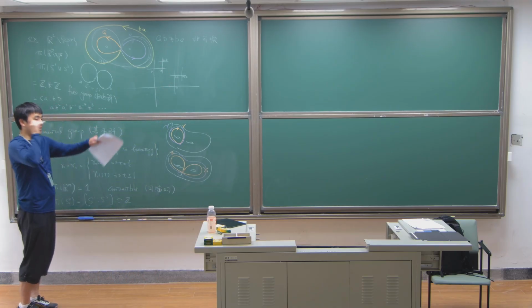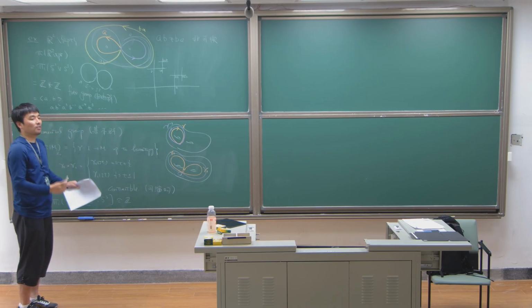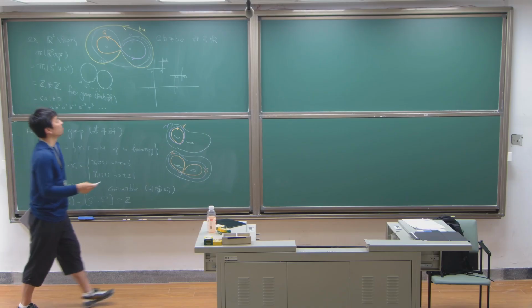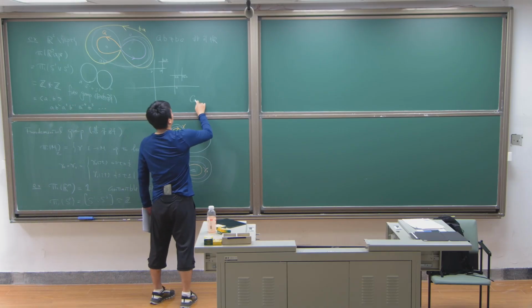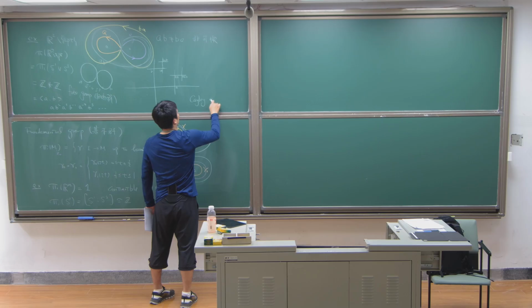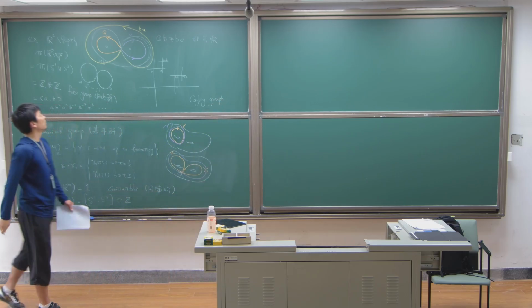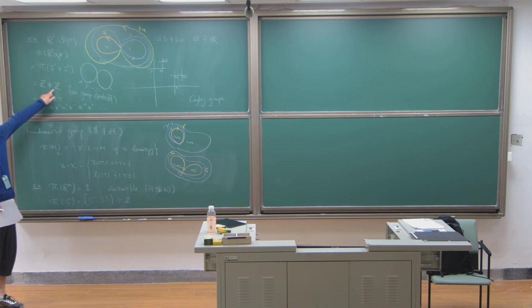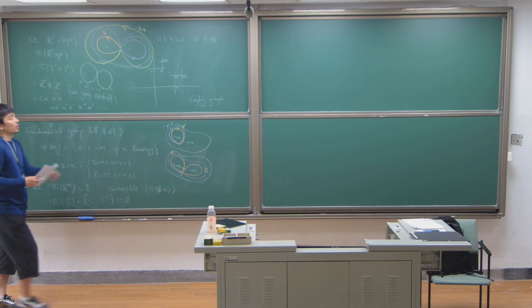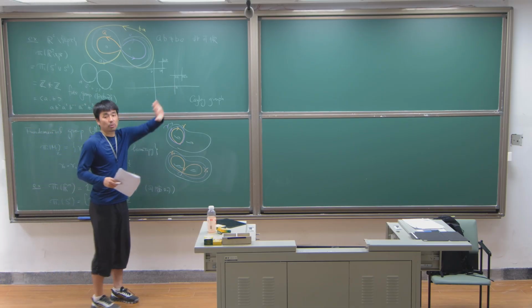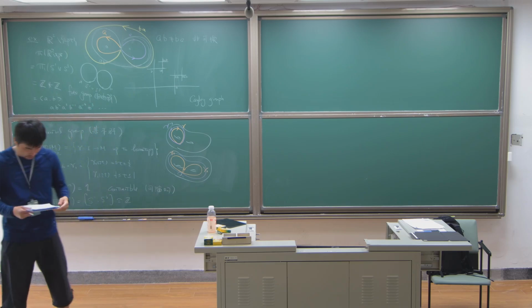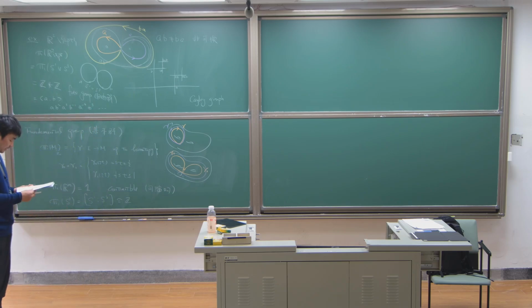So there are infinitely many branches. There are infinitely many edges, and this is called Cayley graph. So to show the free group Z star Z, you can use the Cayley graph, and then each intersection corresponds to an element in Z star Z.